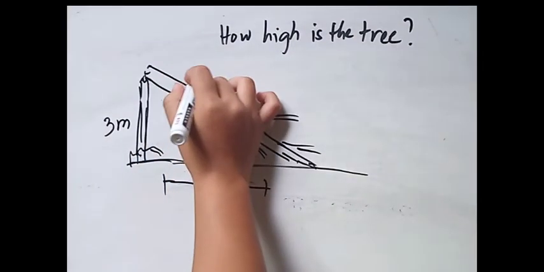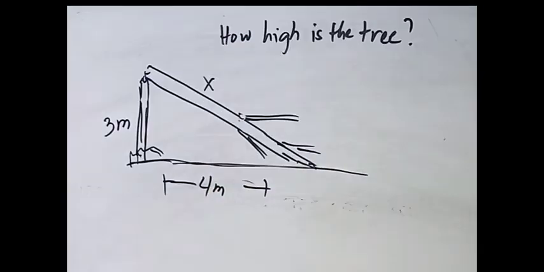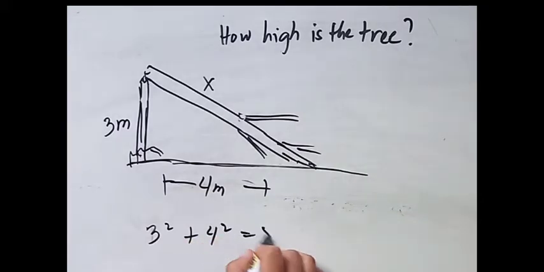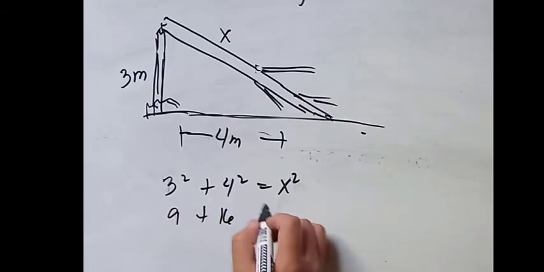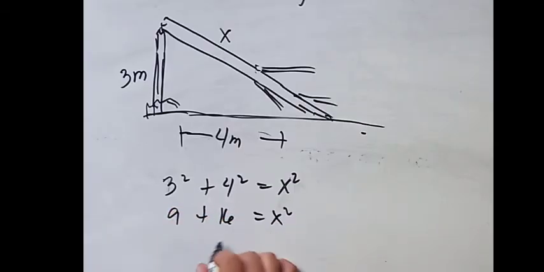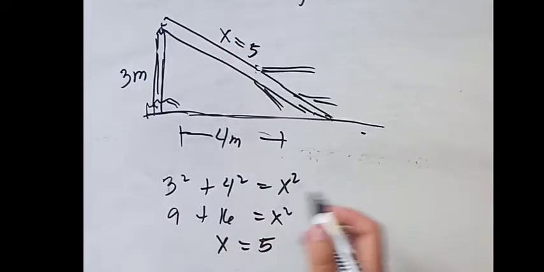So meaning this is the missing side X. Using the Pythagorean theorem, let us go directly. That is 3 square plus 4 square is equal to x square. So that is 9 plus 16 is equal to x square. So our x is equal to 5. Our side x is 5 meters.